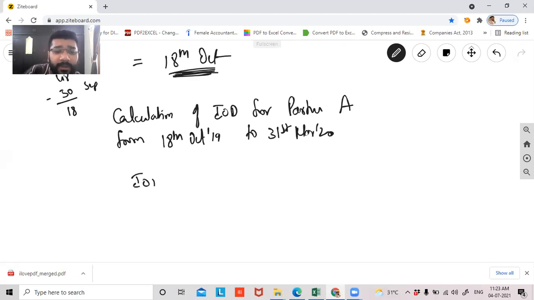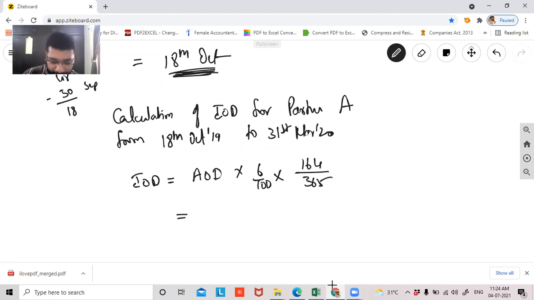Interest on drawing is equal to amount of drawing into 6 by 100 into the number of days, from 18th October to 31st March 2020. October totally 31 days, 31 minus 18, so 13 days of October, 30 days of November, 31 days of December, 31 days of January, 28 days of February, 31 days of March. So are you all getting 164 days, guys? Yes, sir. So we need to calculate this for 164 days.